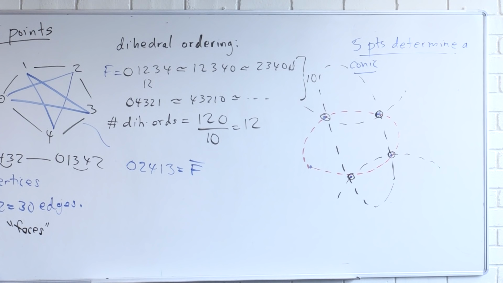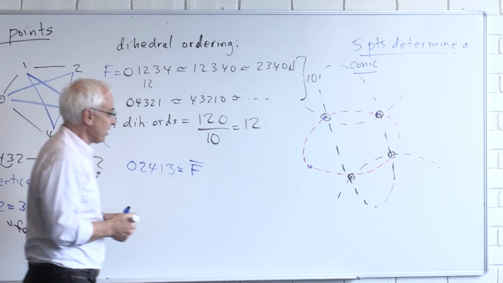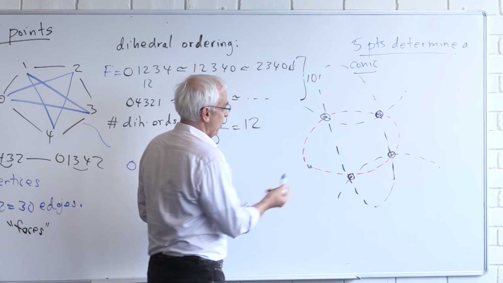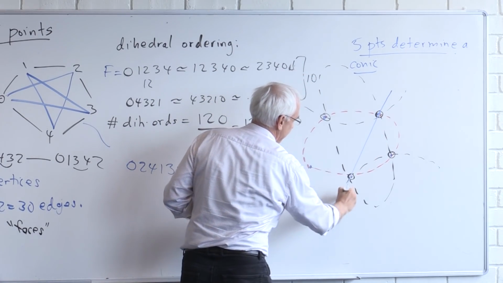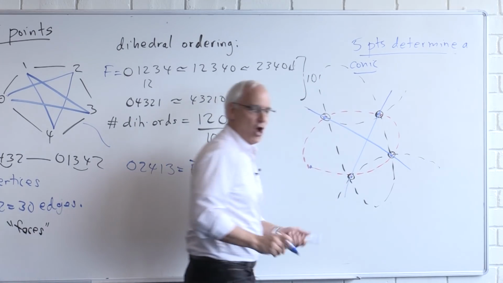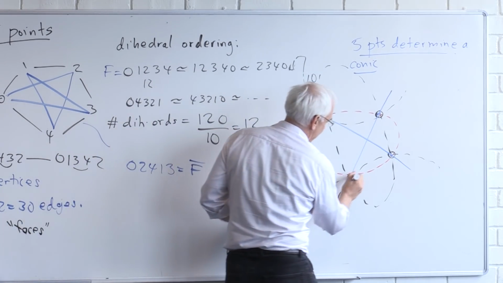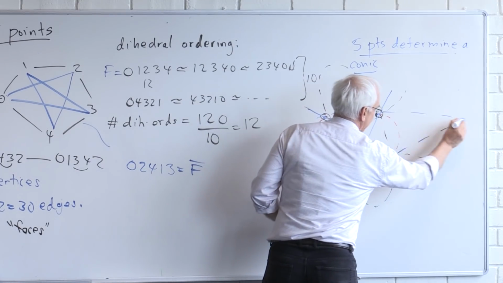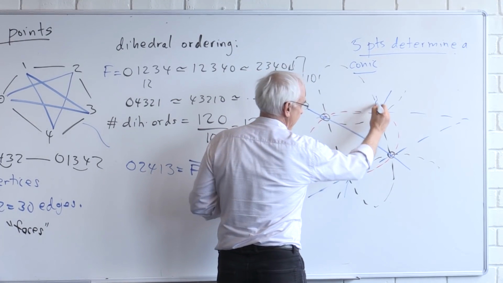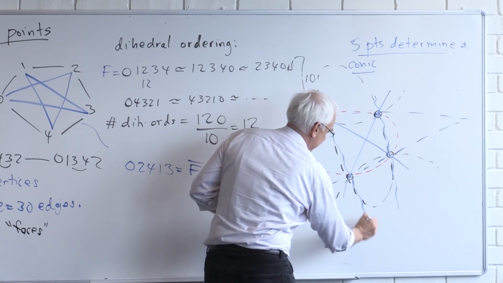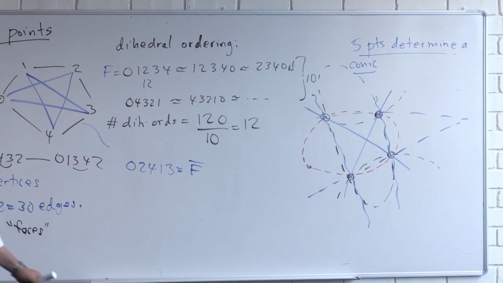Now, included in that pencil are 3 special conics, which are the products of lines. So this is also a conic. That pair of lines is a conic, a kind of a degenerate one. And of course, there's then also this other one here, corresponding to the other diagonal point. And then there's the other conic for the other pair of diagonal points.